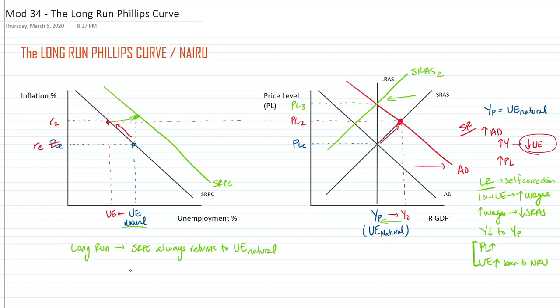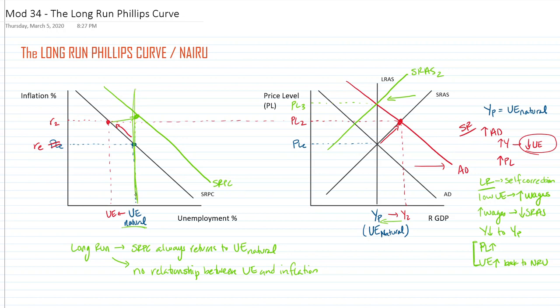And really what we begin to see is that in the long run, there is no relationship between unemployment and inflation, because regardless of our inflation rate, whether it's RE or R2 or any other level of inflation here, this economy is always going to find its way back to this point.